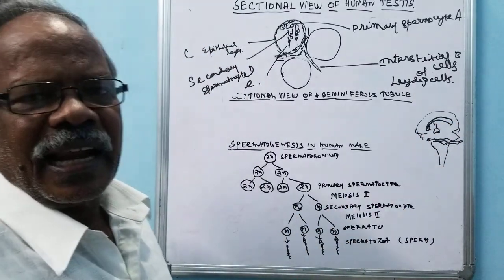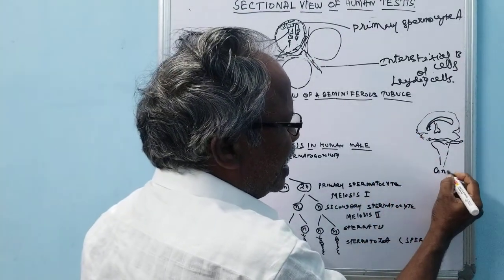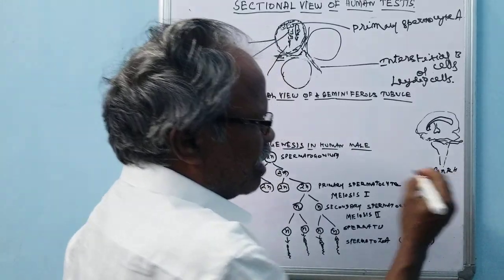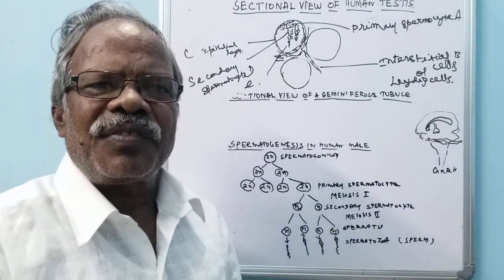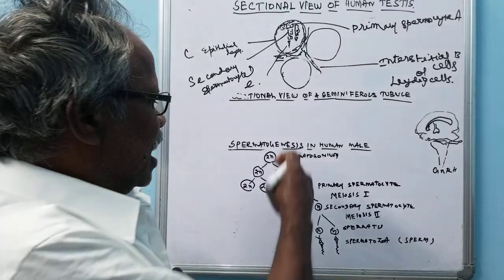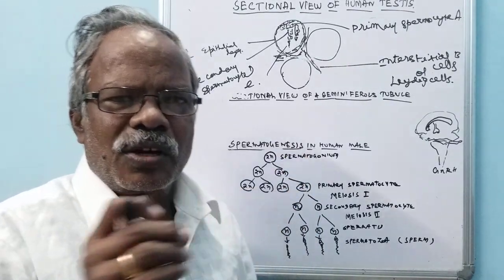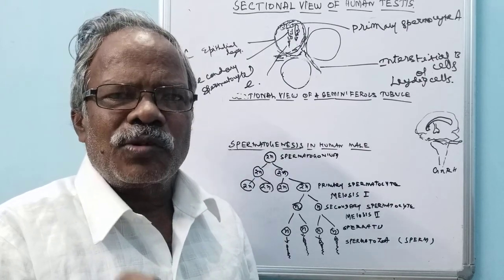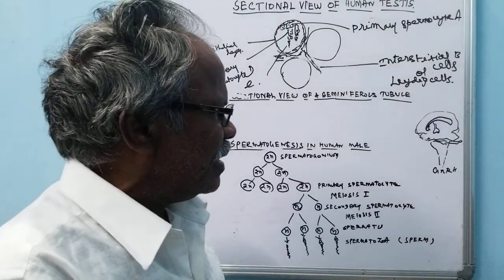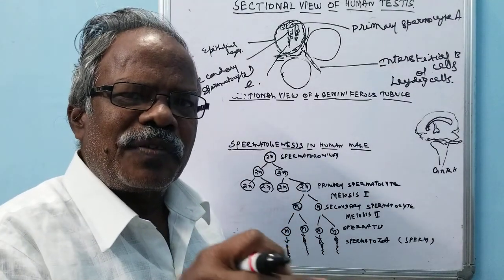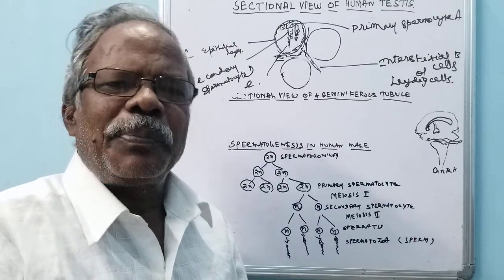The hypothalamus forms GnRH, gonadotropin releasing hormone, which is essential for the development of spermatogenesis in male, and very important for its initiation.